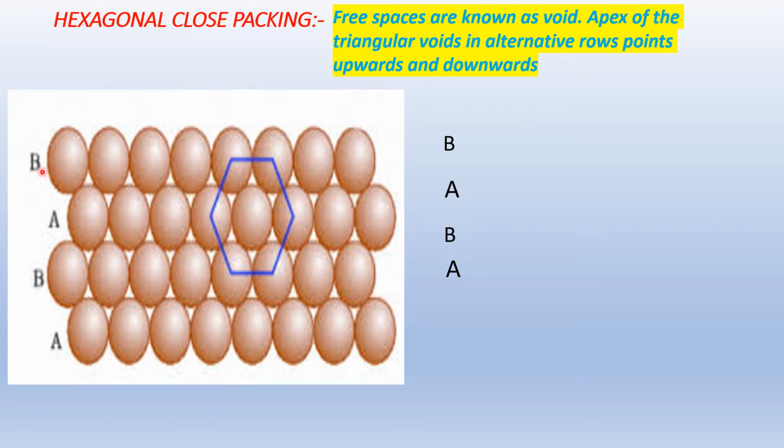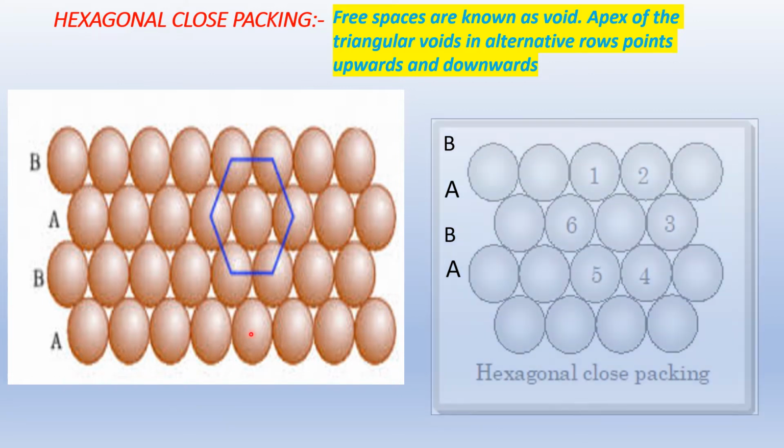What is being discussed here is that A is close to the inner side, B is on the outer side, A is also inner side and B also outer side. That is A, B, A, B, A, B, meaning the AB type layers.